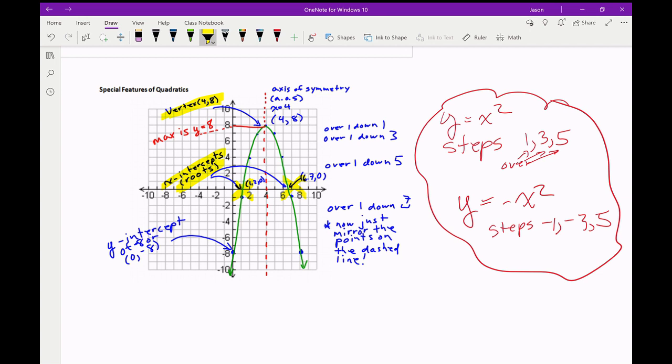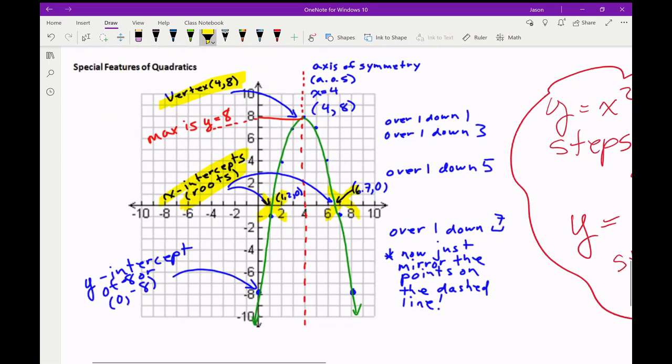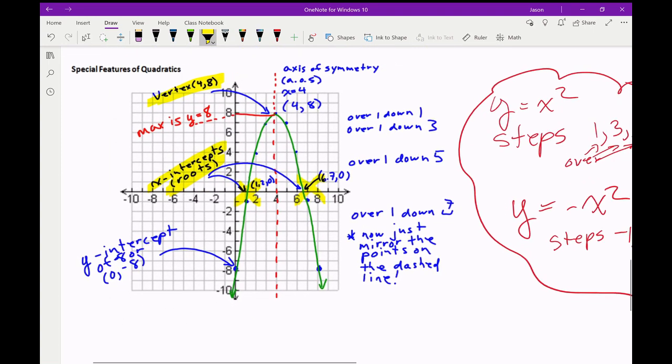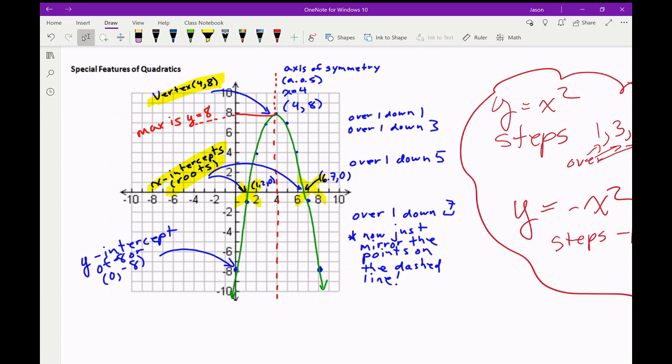Now be very careful, I want you to focus on that. When we look at x-intercepts, we are also calling them roots from time to time. Now, the y-intercept for this graph is -8, and for the point, you would write 0, -8. That's what this part is right here on my graph.